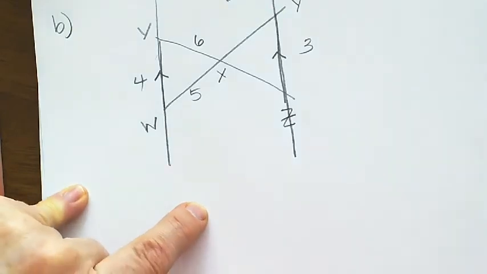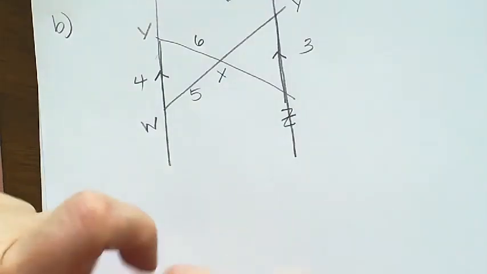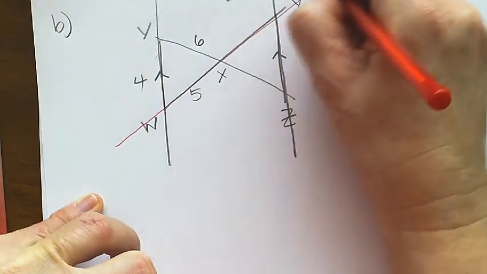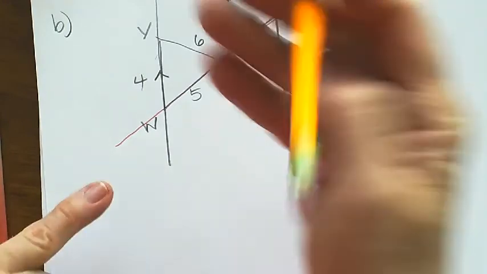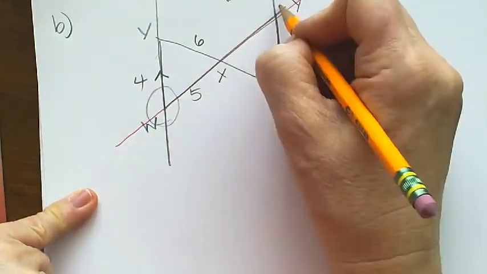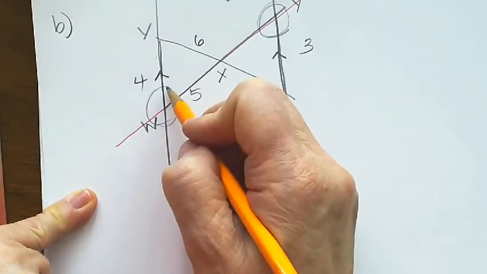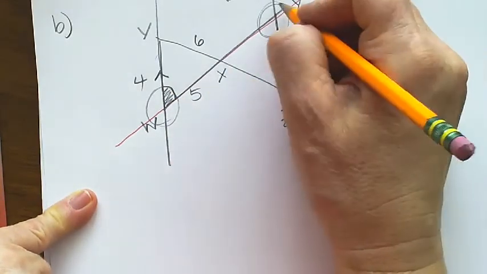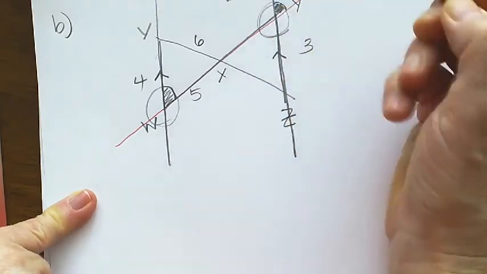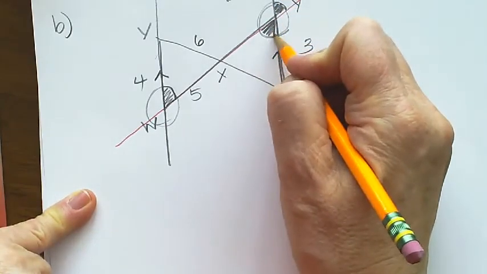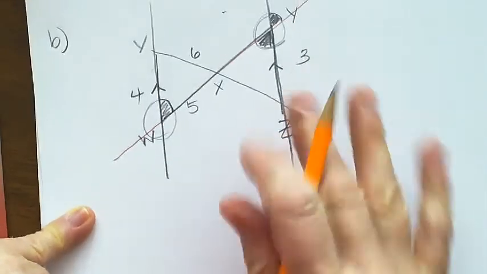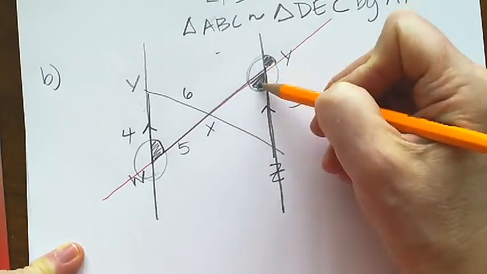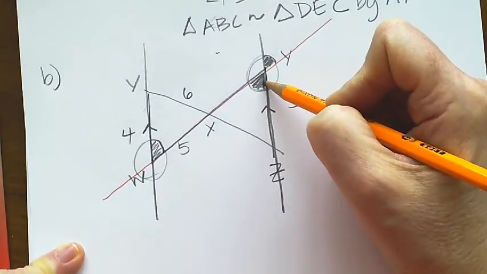You've got parallel lines cut by a transversal. That means that these 4 angles here are going to match these 4 angles here. This angle, angle W, is going to be the same as this angle, and it's also going to be the same as this angle. If you took tracing paper and you slid this angle over here, you would see that these two are the same, and then these are vertical angles, so they are the same.